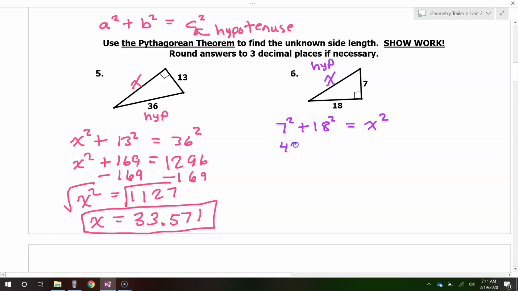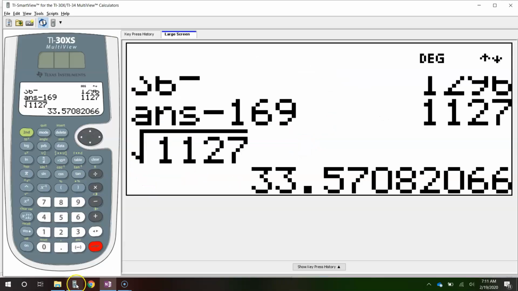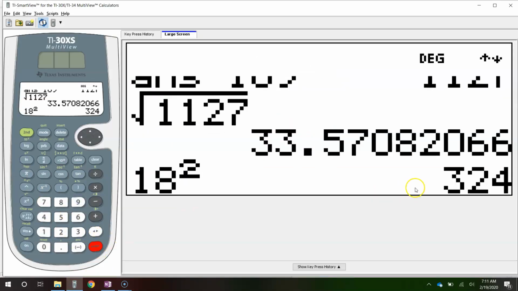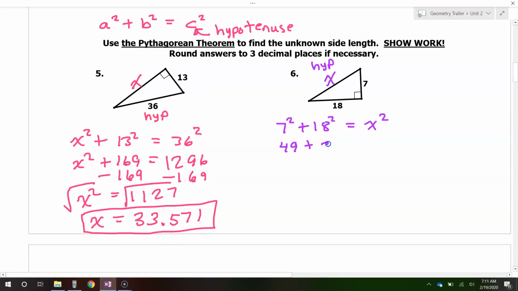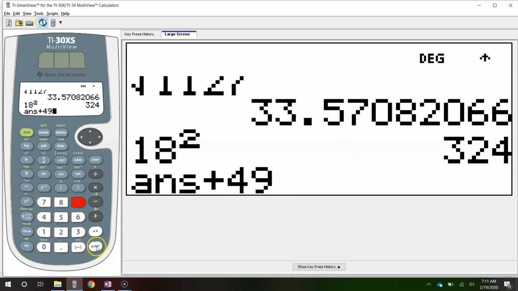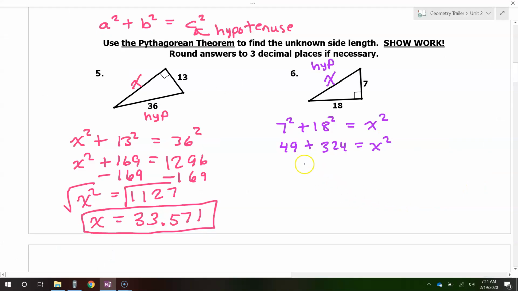So that's going to be 49 plus 324 is equal to x squared. Okay, so that's 373.